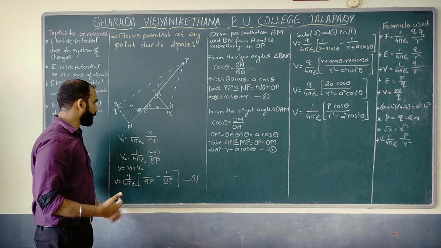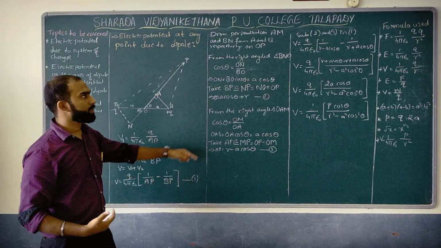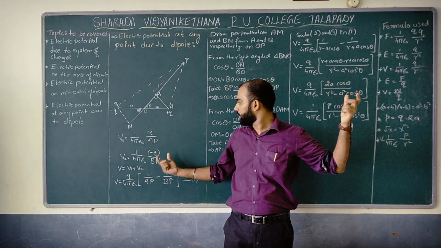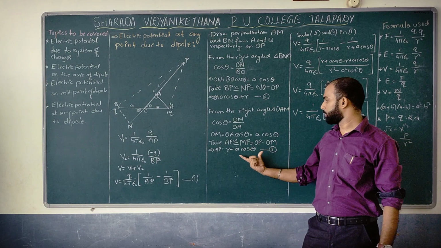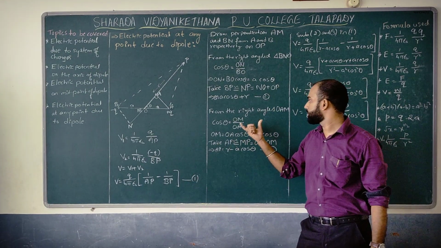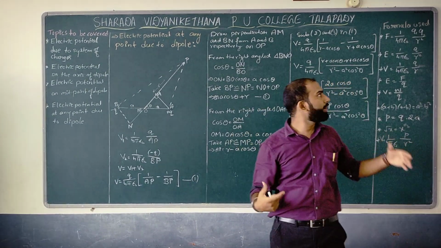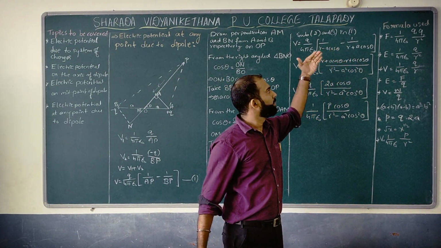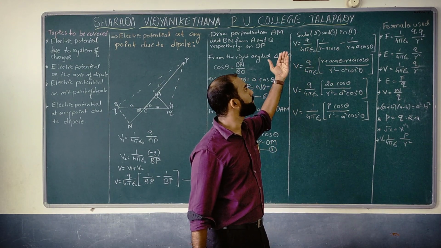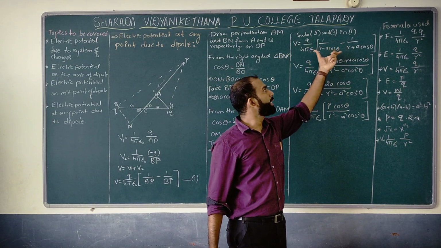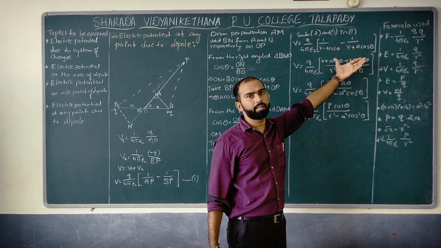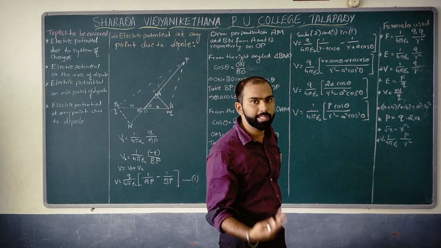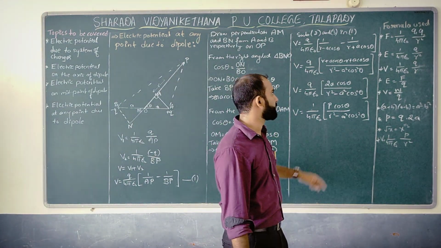Don't you think we have got AP as well as BP over here? Substitute in the given equation. Replace your AP as this much and replace your BP as what we got over here. Then do the cross multiplication. Don't you think the denominator looks like one of the mathematical formulas, A plus B into A minus B, which is A square minus B square.